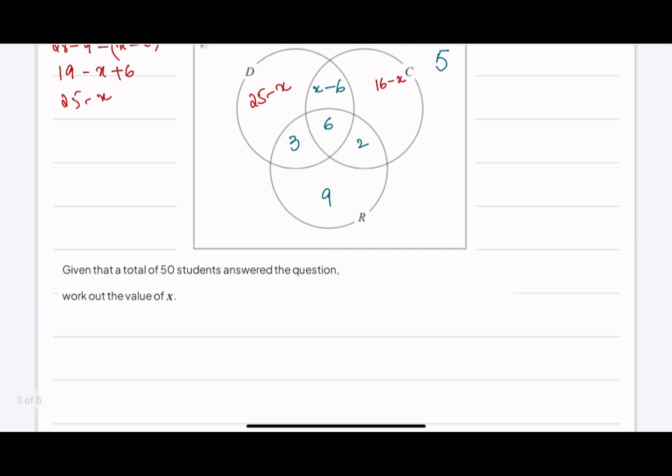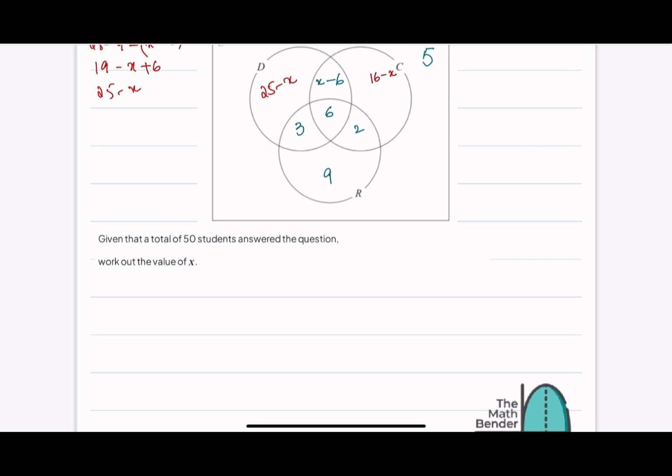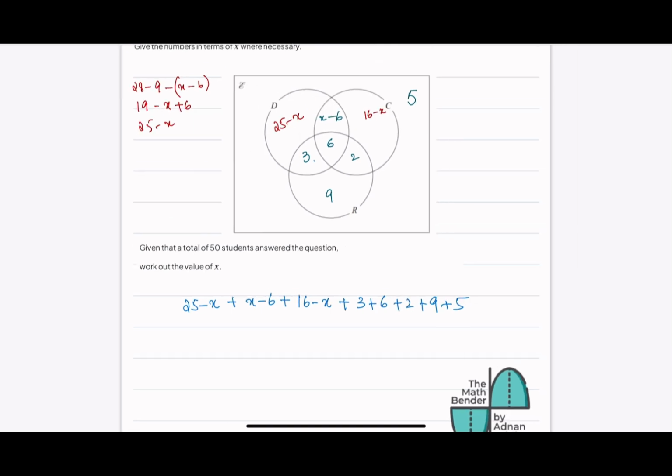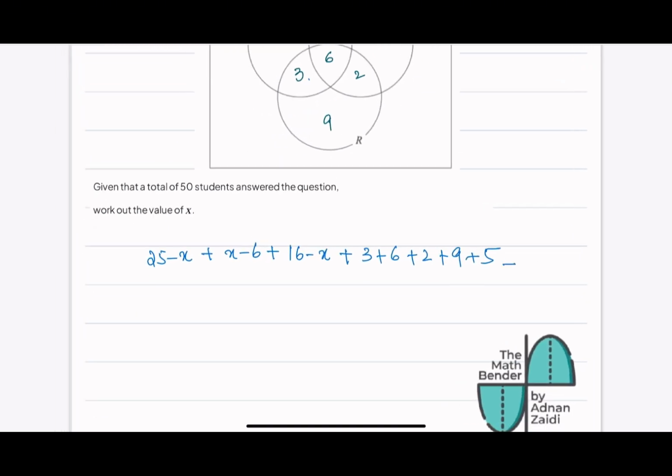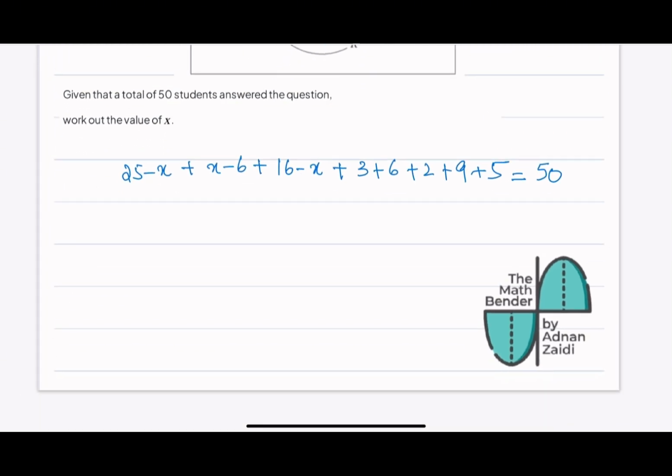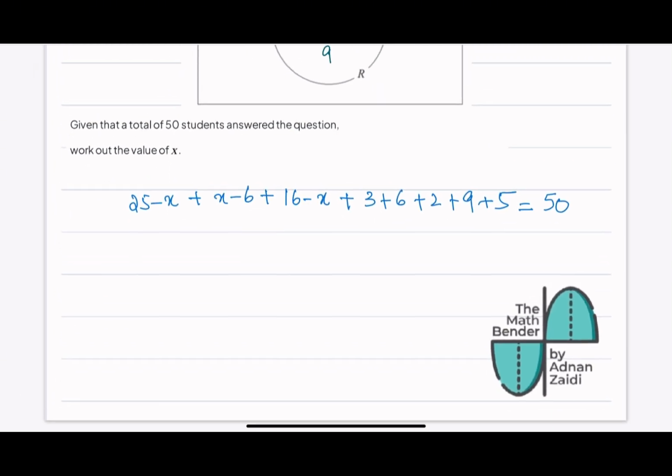Now given that the total of 50 students answered the question, so let's collect the data and write them down. Total is 25 minus x plus x minus 6 plus 16 minus x plus 3 plus 6 plus 2 plus 9 plus 5. Now this is equal to 50, and now adding and subtracting these values.